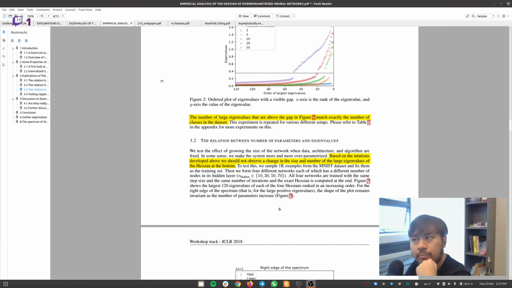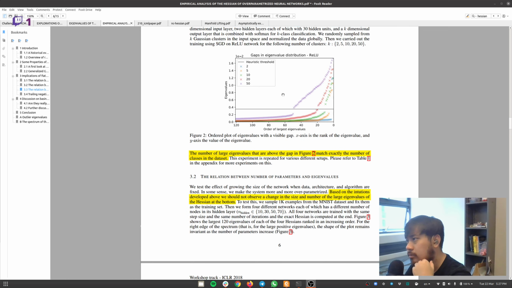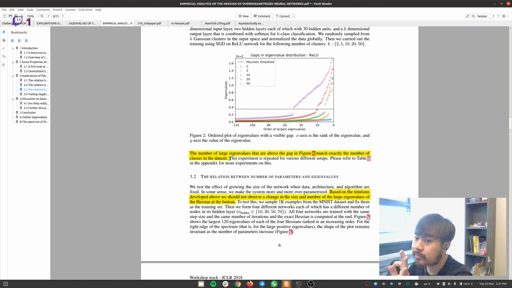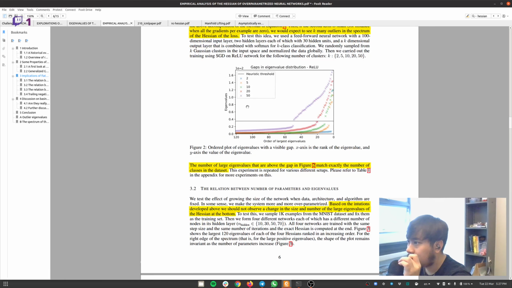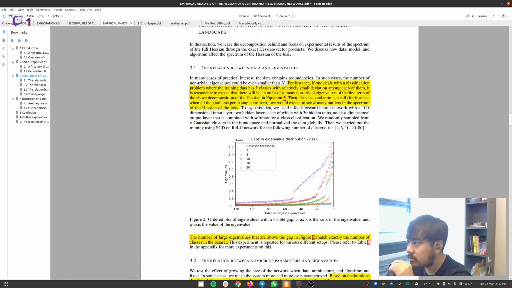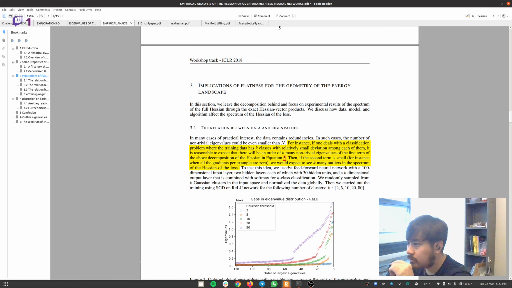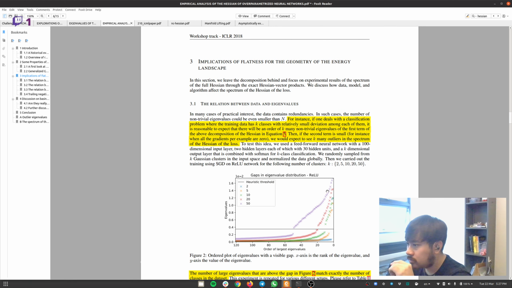And for me, what this means is that if this scale difference is big enough, which here we can see, the large eigenvalues, if we have more classes, we expect a larger number of large eigenvalues, and also we expect that, wait, hold on.